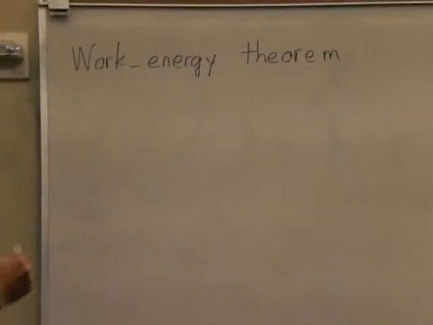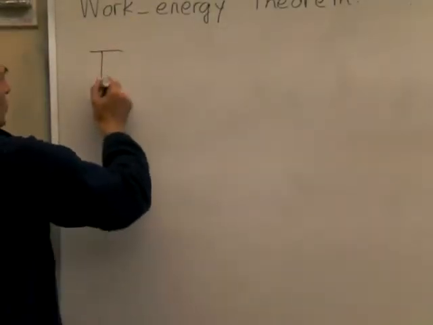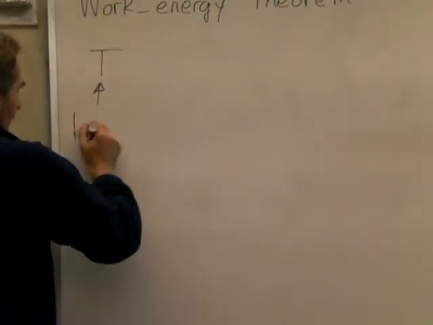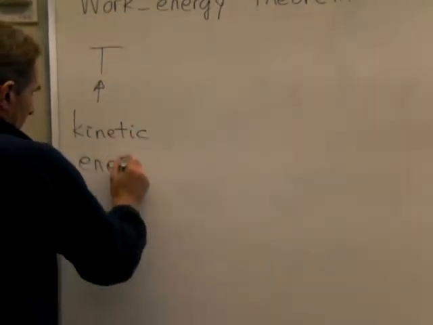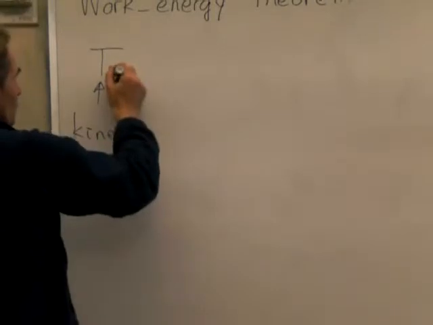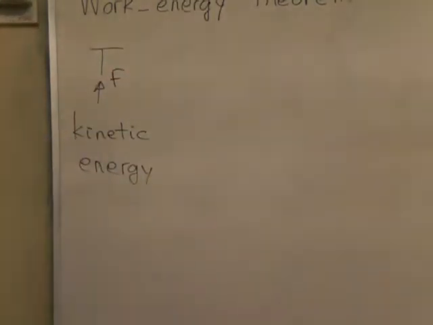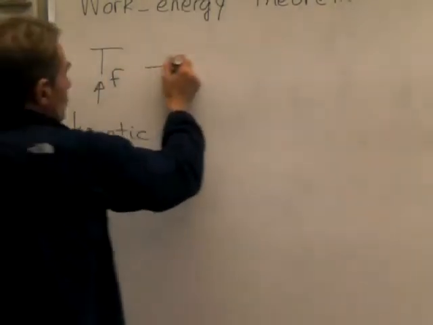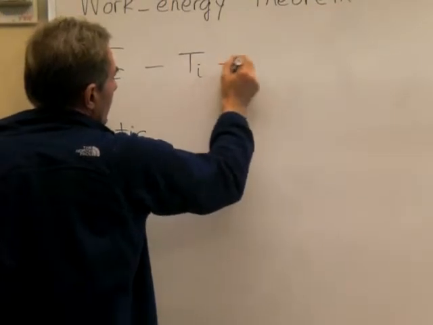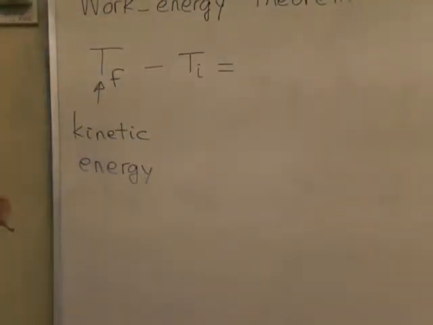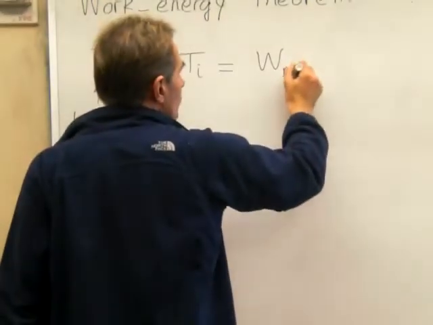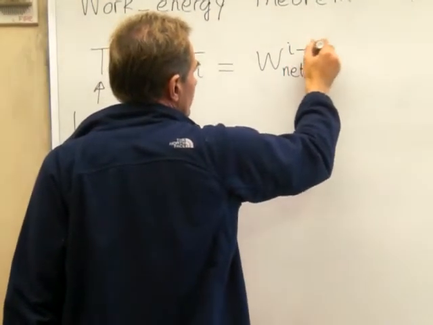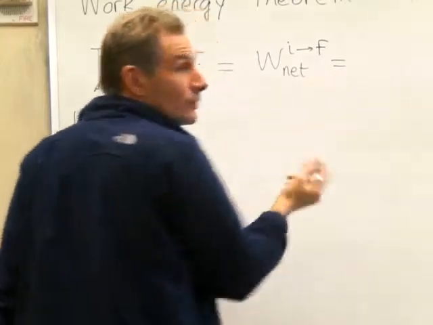It says that the change in kinetic energy, that's the notation of the book, between some final instant and some initial instant, is equal to the net work done on the object. So what is the net work? It is the work done by the net force.